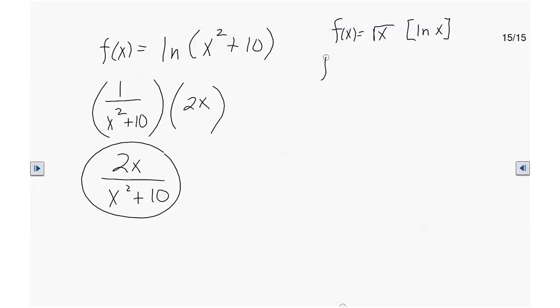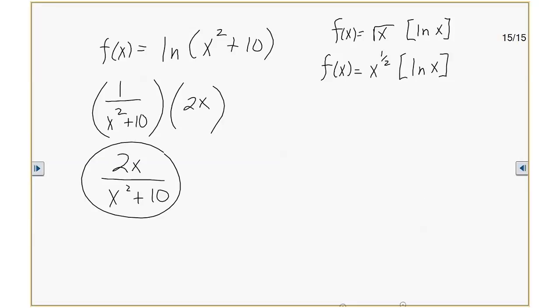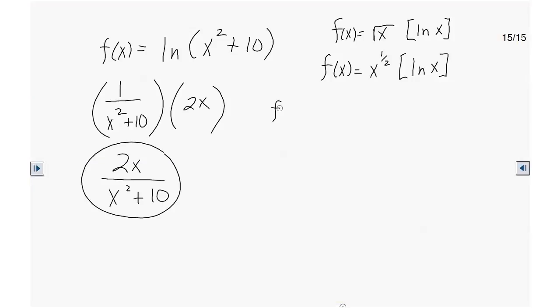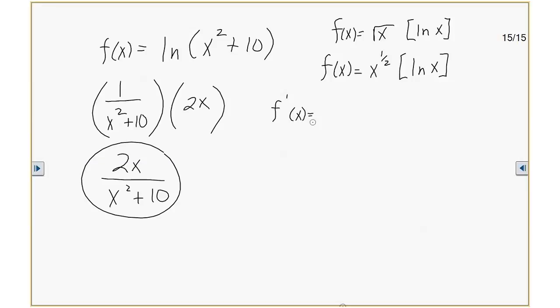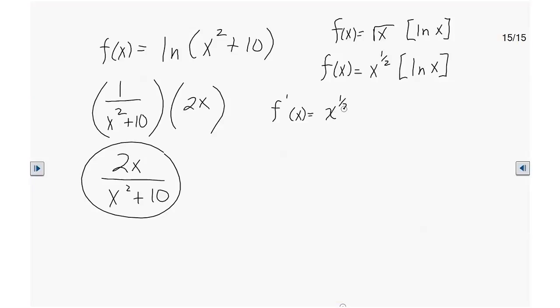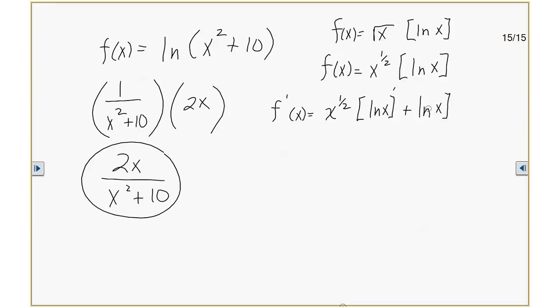f of x is equal to x to the 1/2 times natural log of x. Now we use the product rule, and f prime of x is equal to first times the derivative of the second plus the second times the derivative of the first.